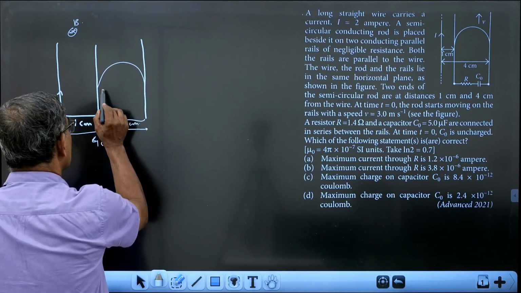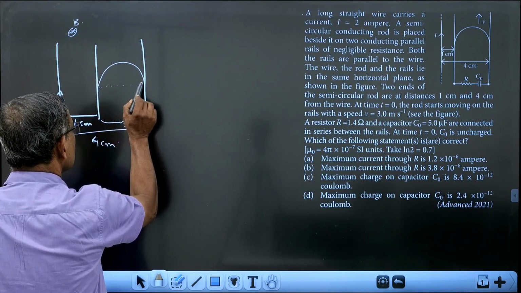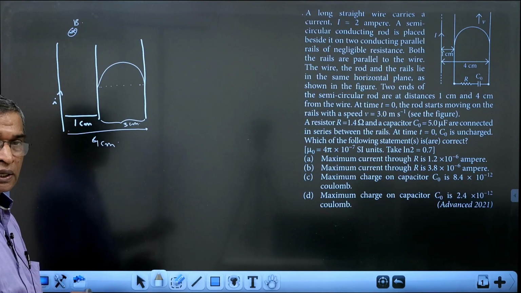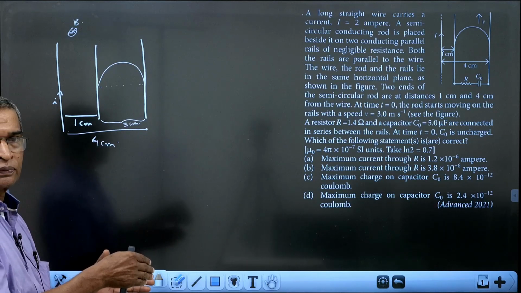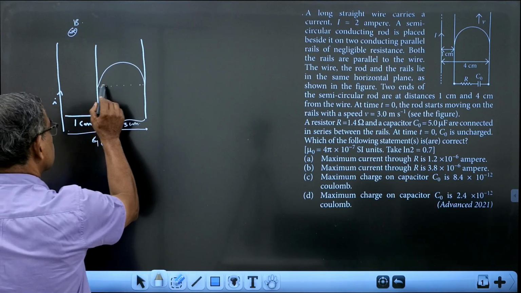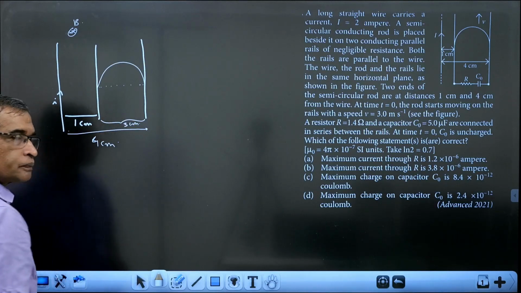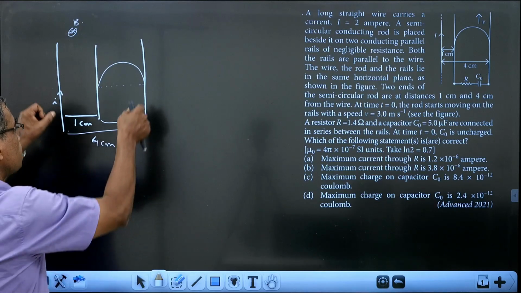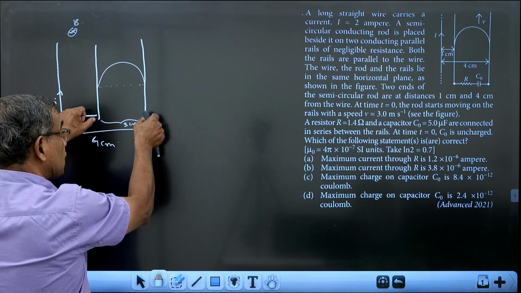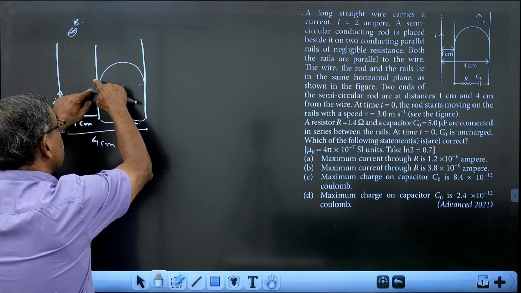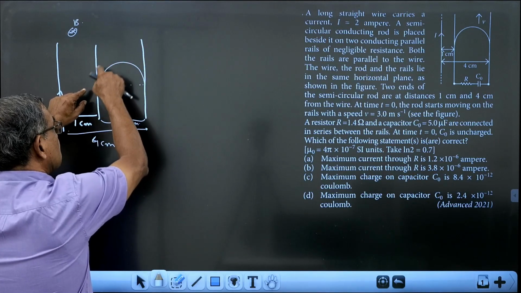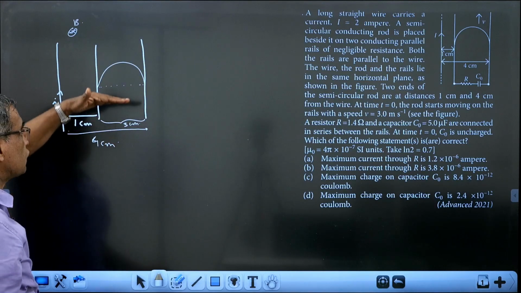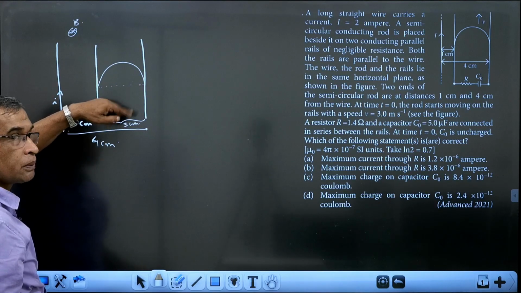Whatever the shape, the effective length of the conductor sweeping the magnetic flux lines is this linear distance, as shown in the figure. What is the length of that conductor? That is very clear from here, 3 centimeter. Irrespective of the actual length, whether it is semicircular or triangular or whatever shape, the effective length to consider is 3 centimeter.